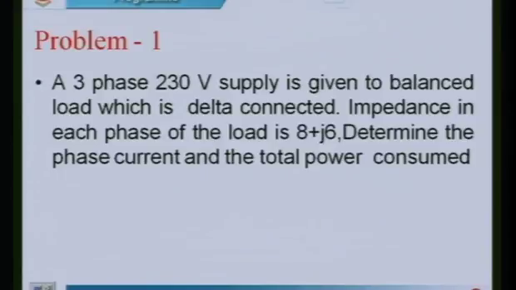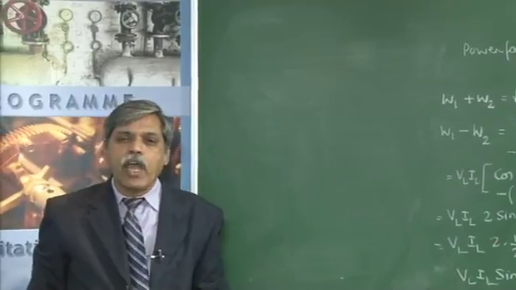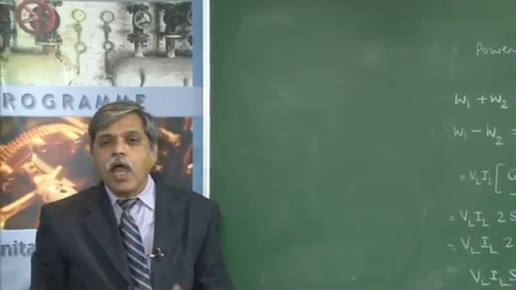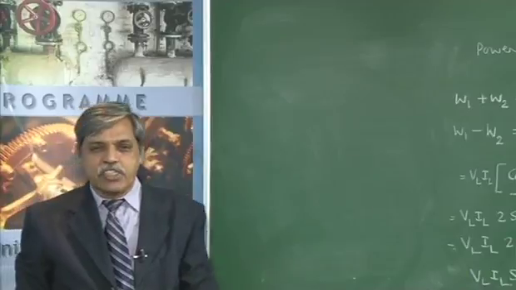Now attempting this problem is very simple. As I told you in yesterday's class, in any polyphase or three phase system, if you want to calculate the current, I will calculate the phase current first.